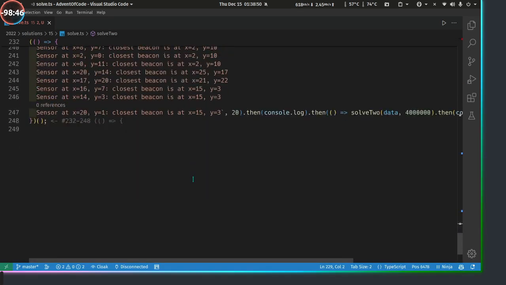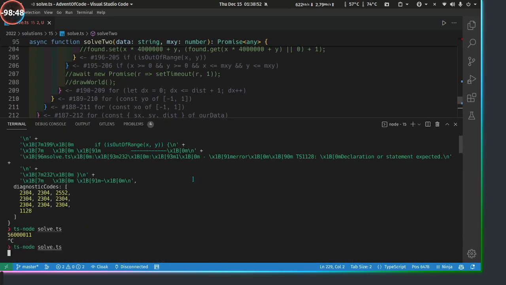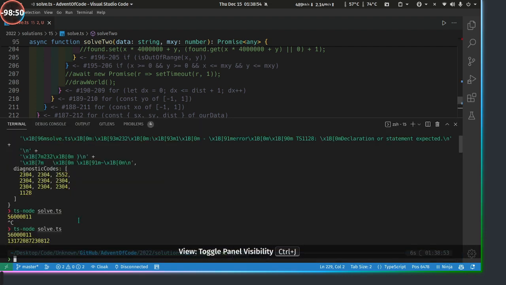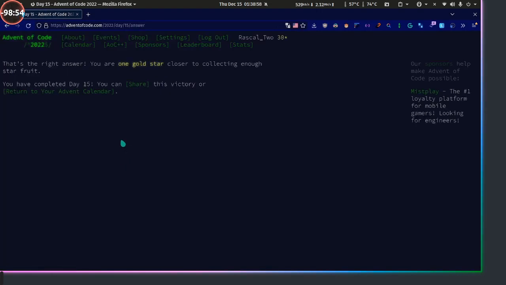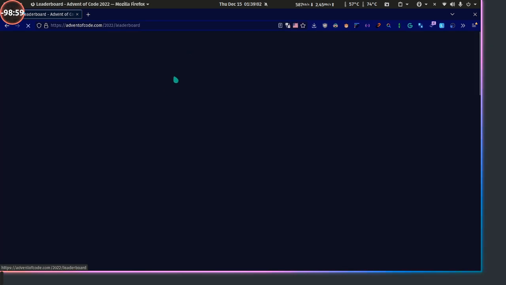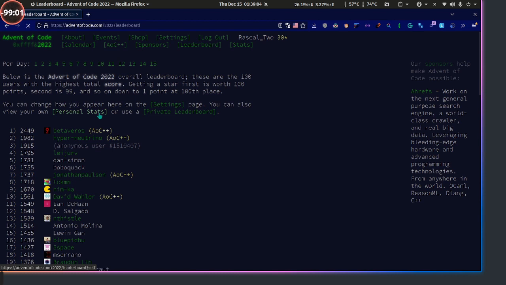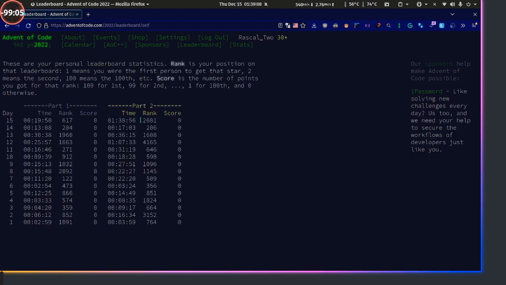A lot more iterations of data. Ooh, big number. Whew. It's either going to get harder or easier from there, folks. Oh, dang.